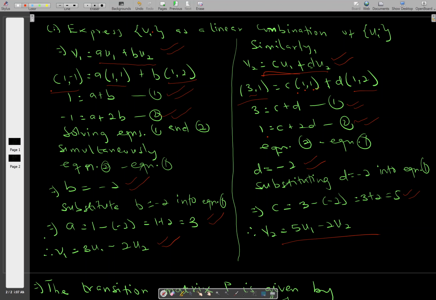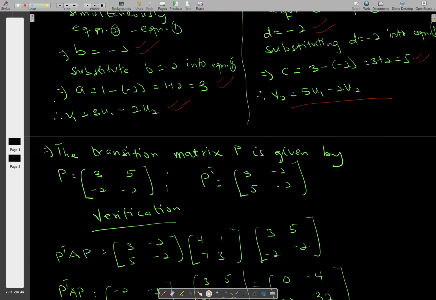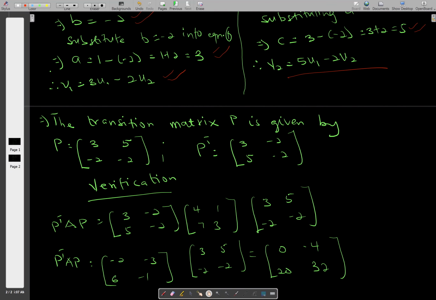Then from here we can generate our transition matrix P using these two, that's V1 and V2. So now when you consider V1, after expressing V1 as the linear combination of U1 and U2, the coefficients of U1 and U2 will be the elements in the first column of P. You see, we have 3U1 minus 2U2, so you have 3, negative 2.